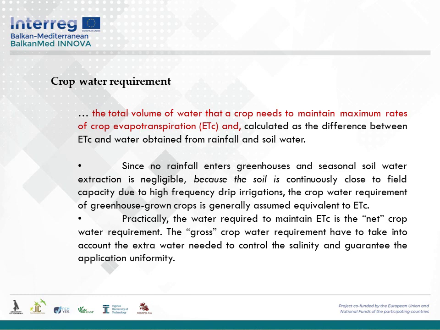And next, some extra amounts of water are also needed to guarantee that water is uniformly supplied to all the plants in a row. So altogether, the water needed to maintain the ETC plus the extra water for leaching and uniformity of distribution form the so-called gross crop water requirement in a greenhouse.